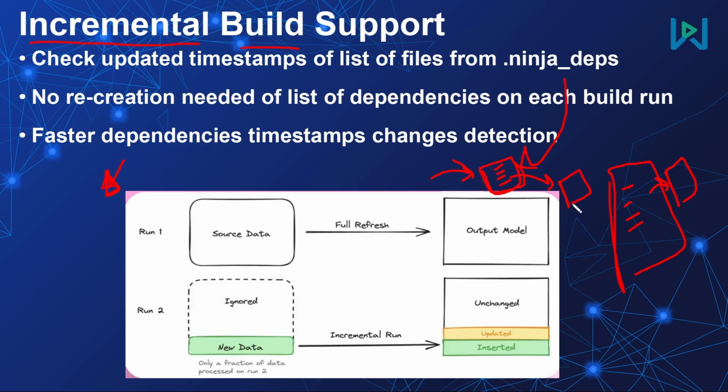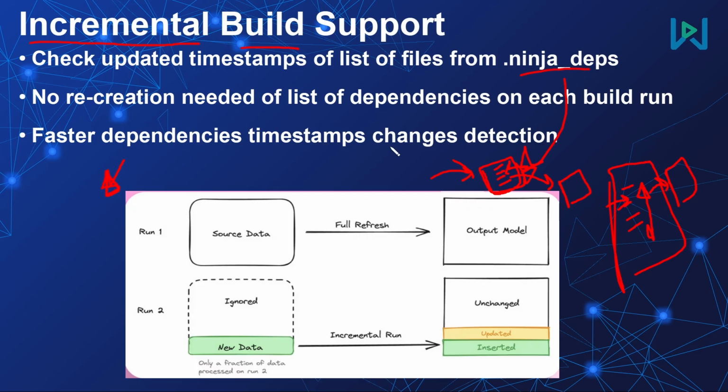And then it will check the timestamp of those files one by one. This will eliminate the overhead of creating this list of files out of the different rules. Instead, we'll have the full list of the files to be checked within this ninja_deps.